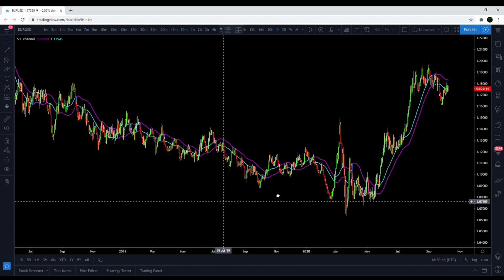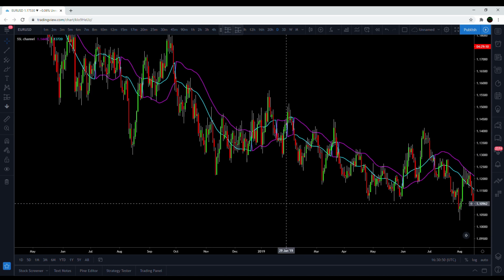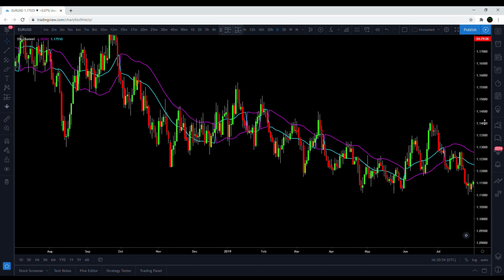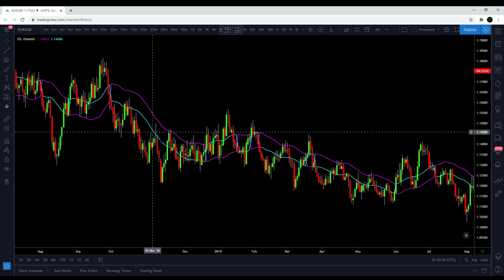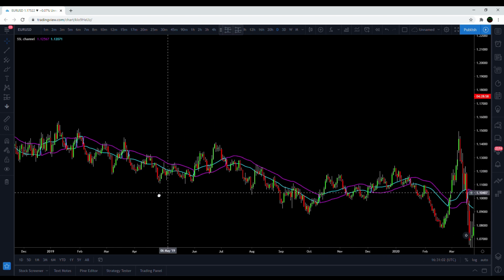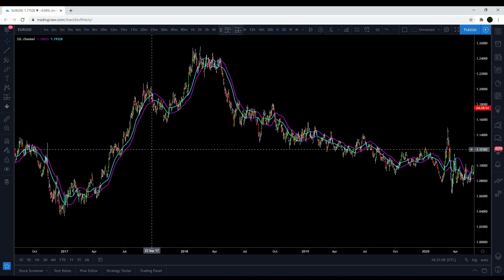So just kind of trying to get you guys to think about what's wrong with an indicator and how can you help it out to keep your account alive during these horrible ranges and still be able to take advantage of these really nice trends.